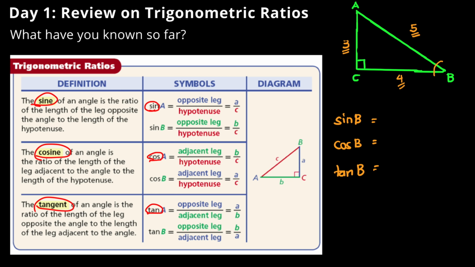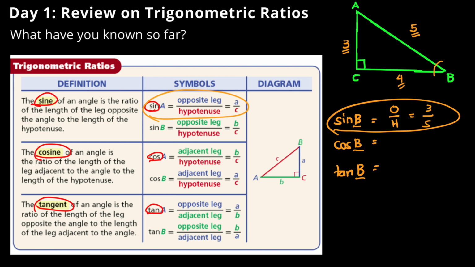So this time we're using angle B as our reference angle. So when we're looking for the sine of angle B, sine is equal to opposite over hypotenuse. The opposite of angle B is 3, hypotenuse is 5, so sine of angle B is 3 over 5.